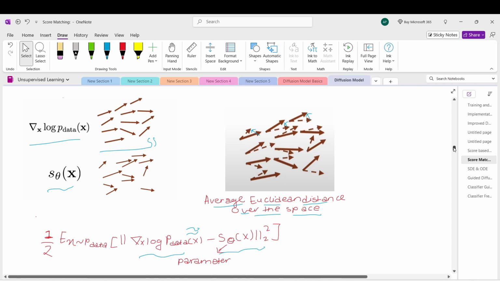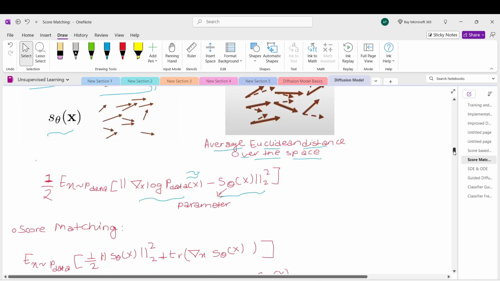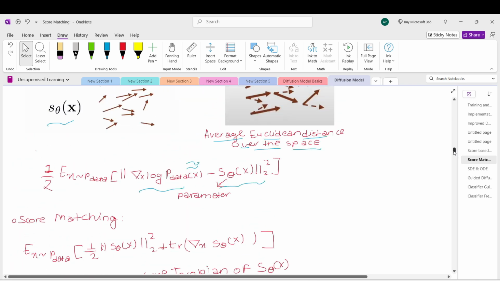We want to push this vector towards the direction of that vector, and if you optimize this, we'll certainly reach it. So we are taking the average Euclidean distance.